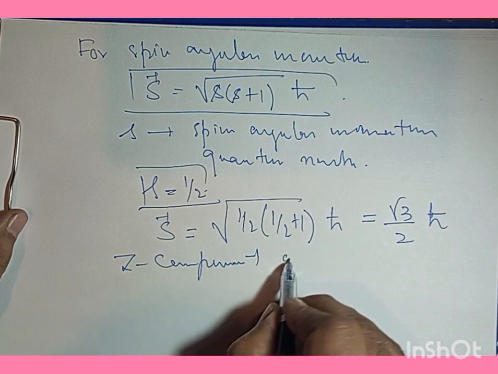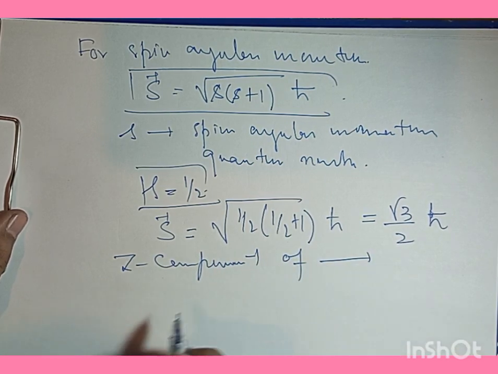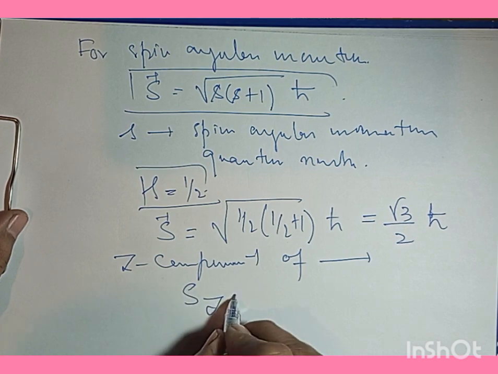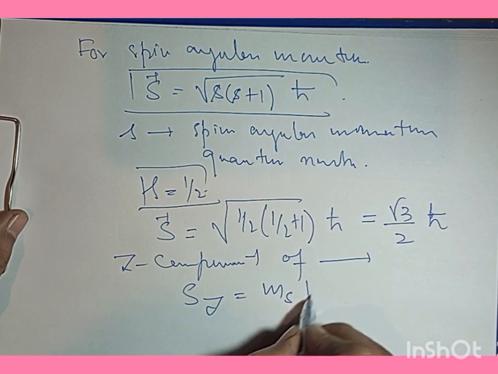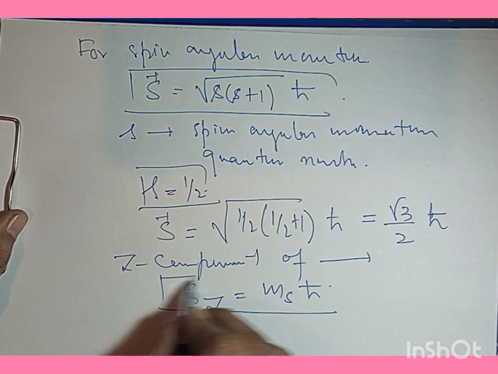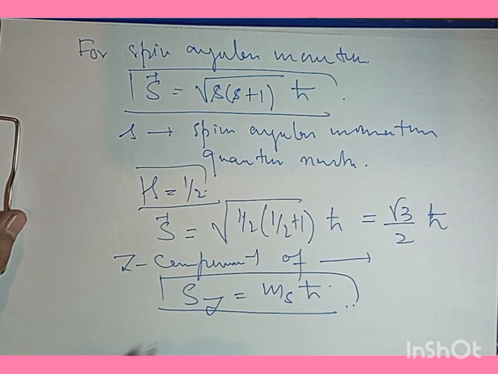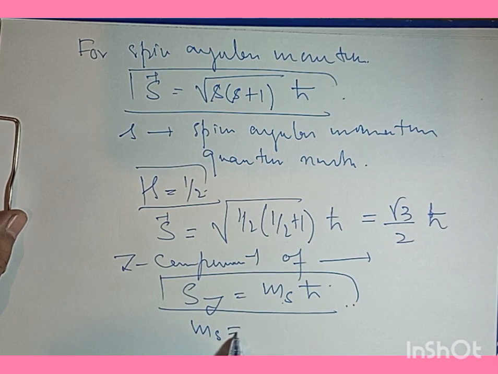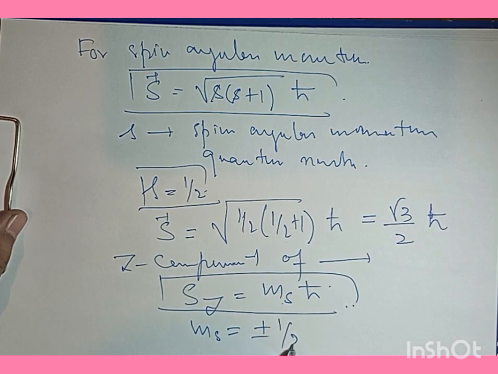Now, talking about the z component of spin angular momentum, that is sz, and that's going to be ms h cross. This ms can have the values plus minus 1 by 2.